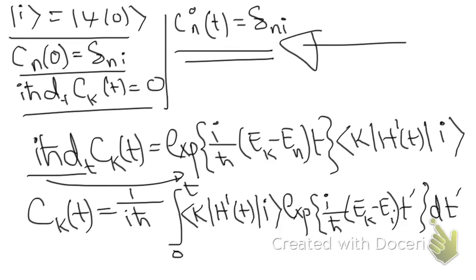This equation you can see over here is very important indeed, because using this equation we can compute the expansion coefficients. This equation basically tells us how the expansion coefficients evolve with time.